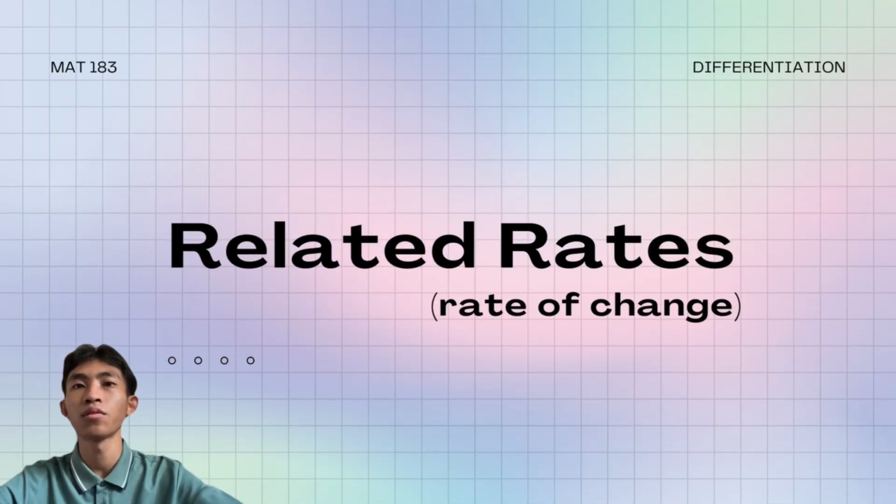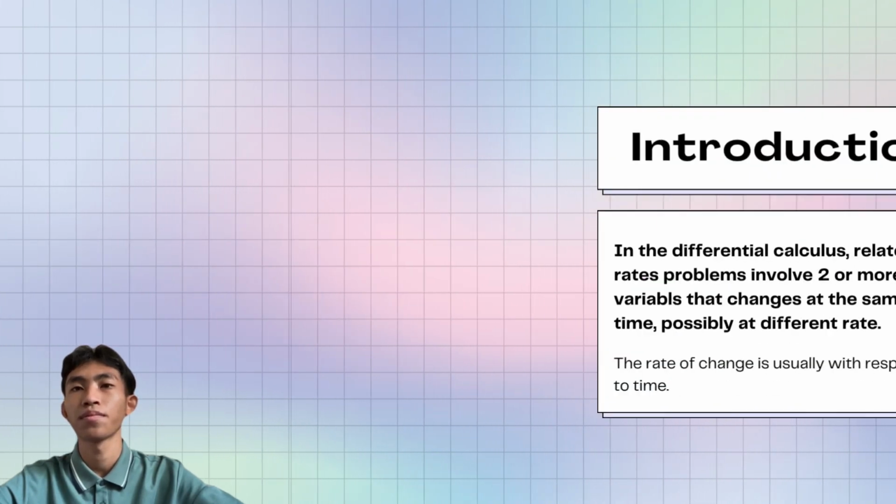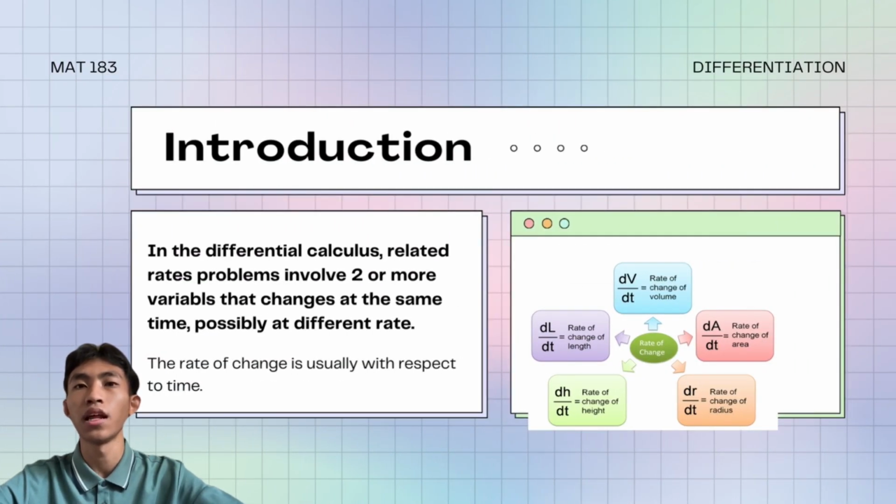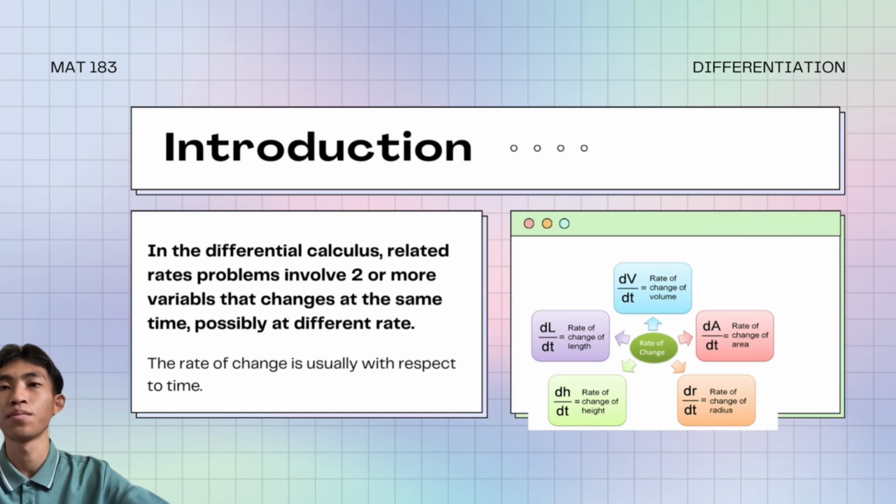Related rate or rate of change. In differential calculus, a related rate problem involves two or more variables that change at the same time, possibly at different rates.